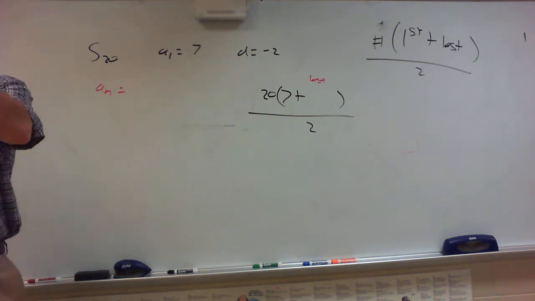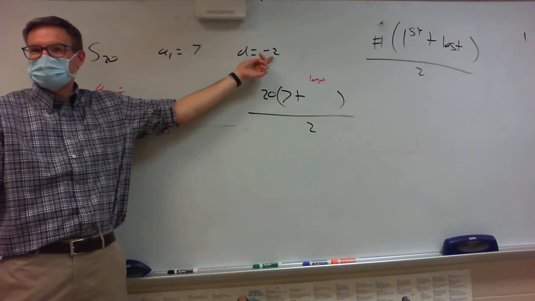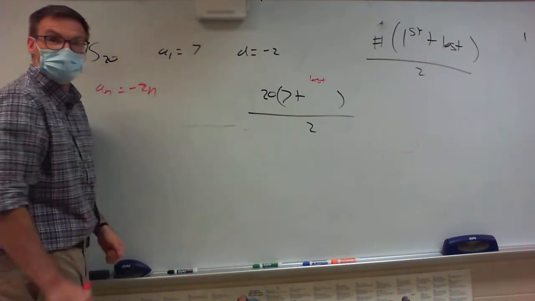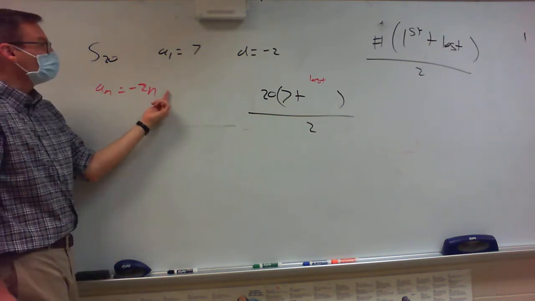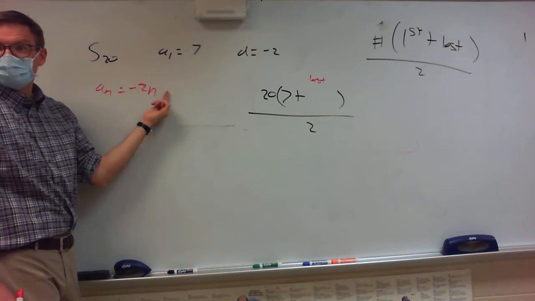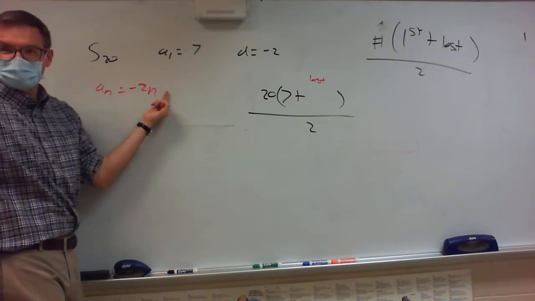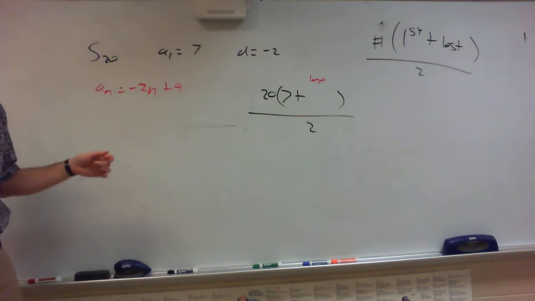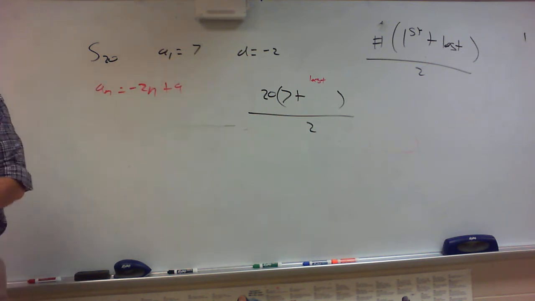My common difference is negative 2, so A sub n is going to be negative 2n. And now I need to fix it. What needs to go here so that my first term's a 7? Plus 9. Does everybody see that if I plug a 1 in, I'm going to get a 7? So now I have my explicit formula.